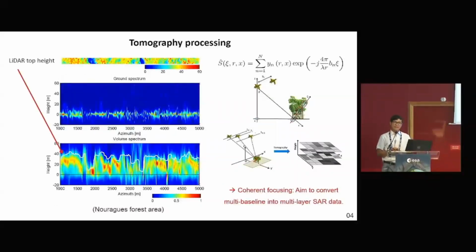For tomography processing, I do very classic processing. You have heard a lot about how to use the different polarizations in the tomography data.